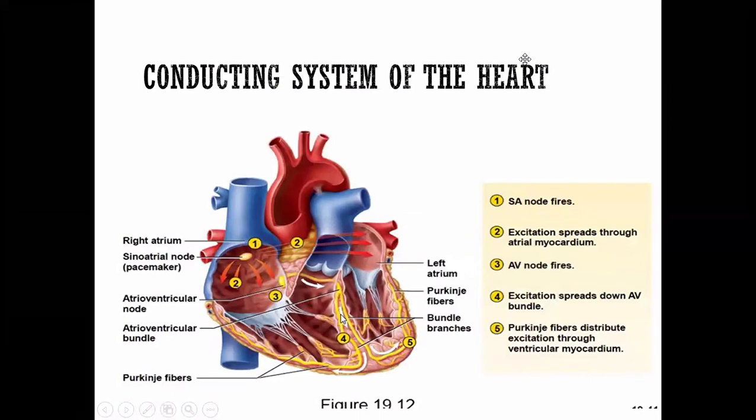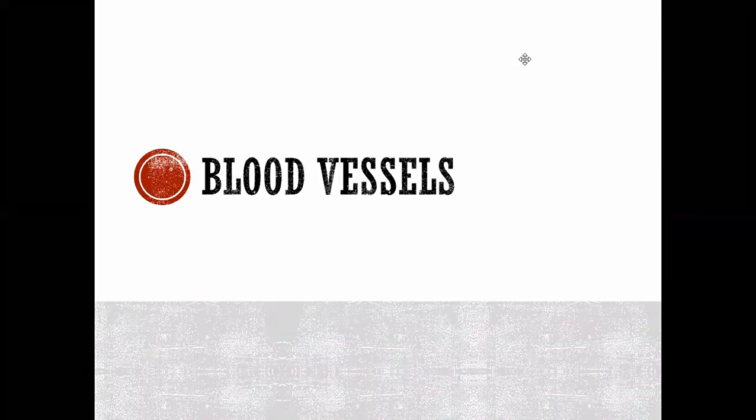And then excitation spreads down the AV bundle and then through the Purkinje fibers here and then here, there would be distribution of the excitation through the ventricular myocardium, the ventricles, no? So let's see another view of this. I'm sorry, I think it was shown already in the second slide.